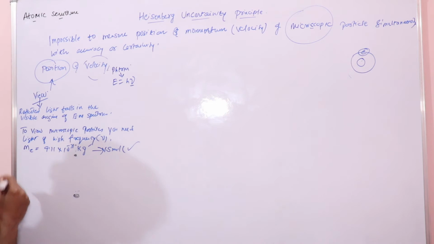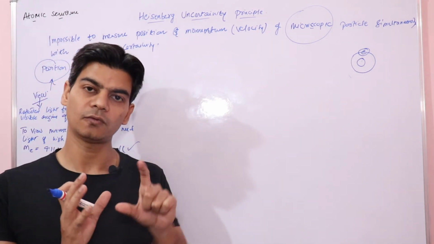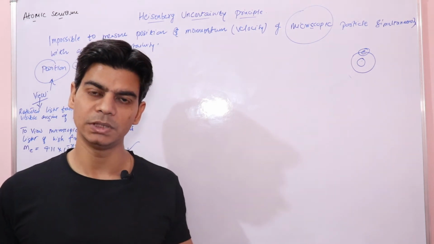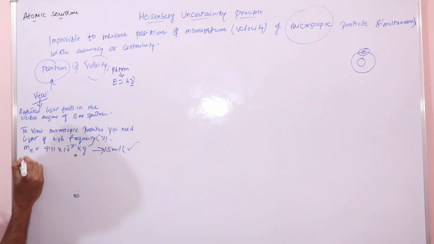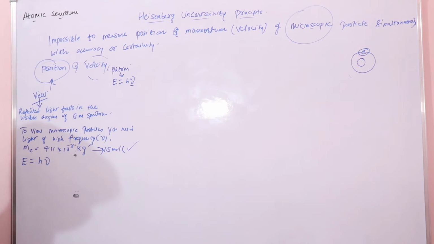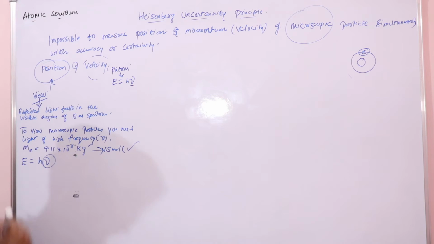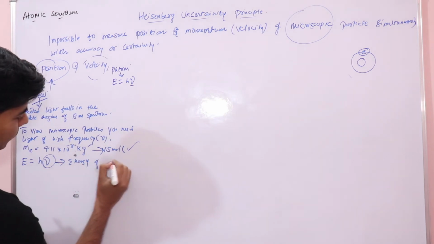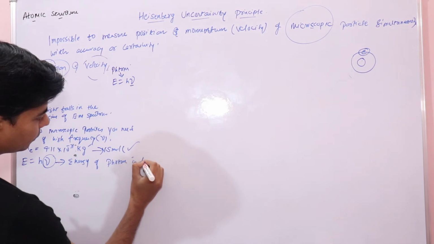So the photons of light of high frequency would carry high energy as well. We know that energy is given by h nu. So for microscopic small particles, this nu is high, the value of frequency is high, therefore the energy of photons is high.